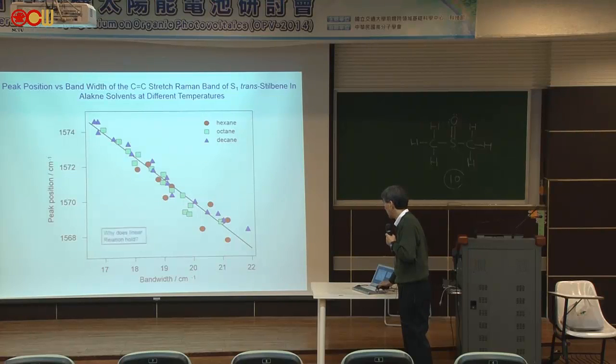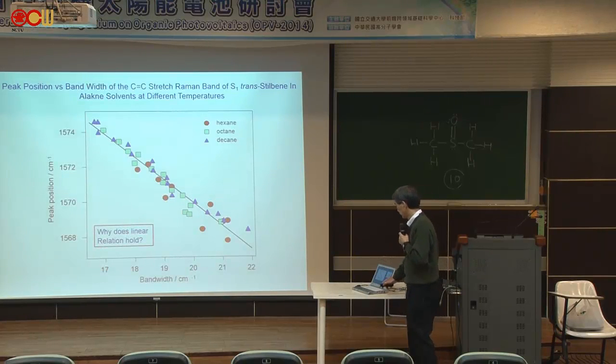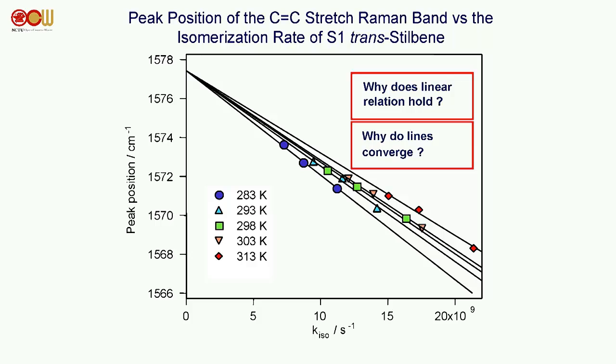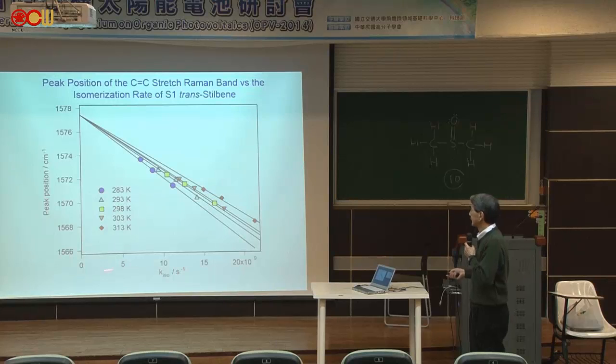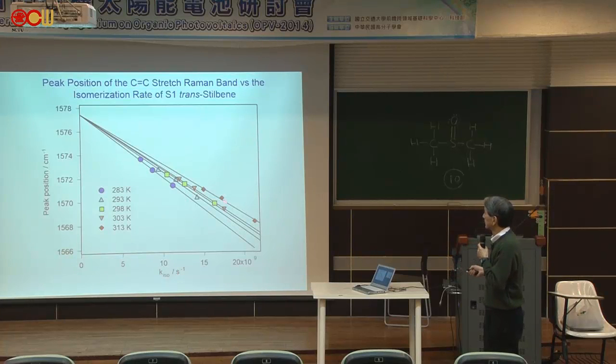Why does the linear relation hold? And also, if you plot the peak position against the rate of isomerization, determined by time-resolved fluorescence spectroscopy, we were also surprised that it makes very nice straight lines at different temperatures, and they converge to one point very nicely. That's very strange.